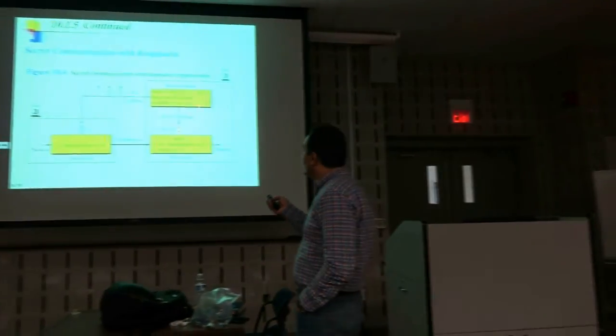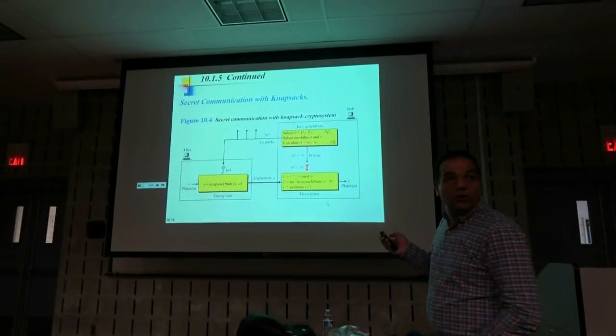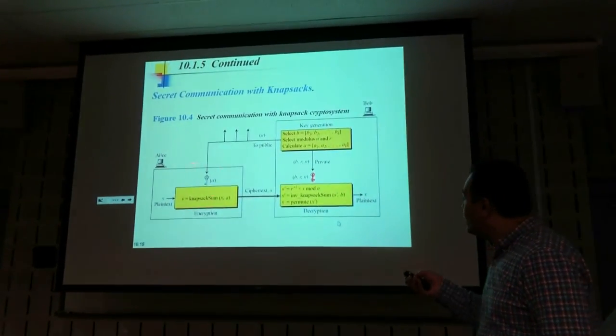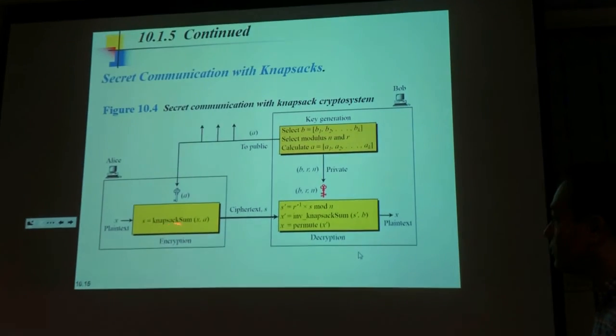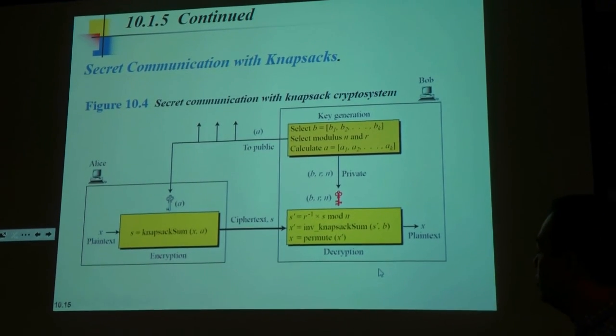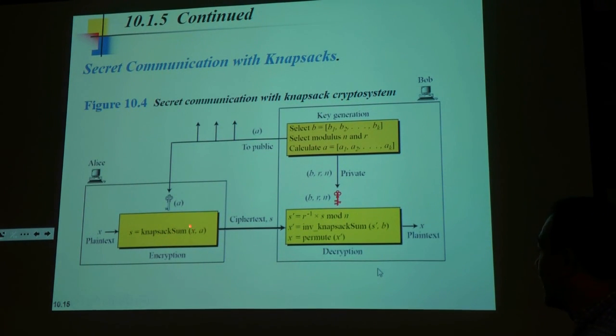And there is an algorithm. So this is an algorithm to generate the key. And there is an algorithm here for encryption. So for encryption, what you do is knapsack sum of X with A. What's A? It is the public key. What's X? It is the data you're going to send. And there is a procedure in here for how to reverse it.